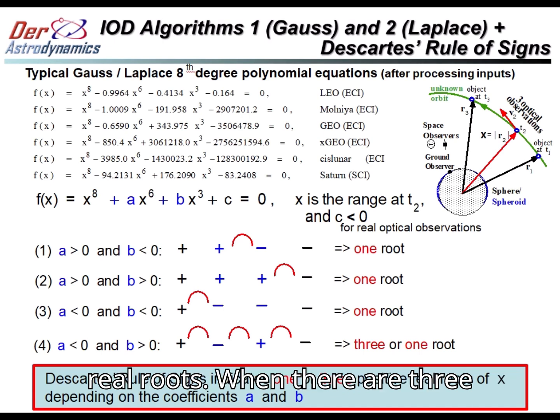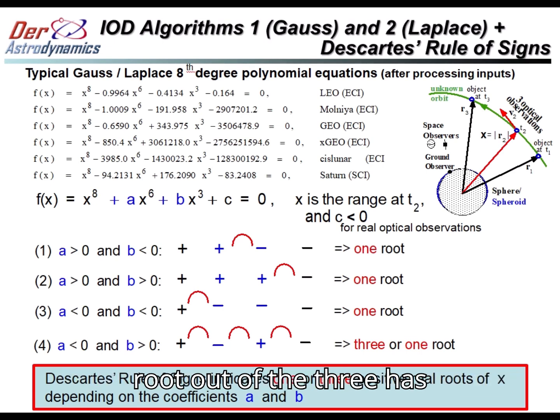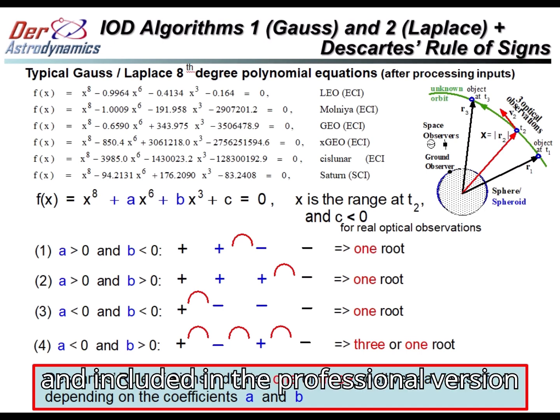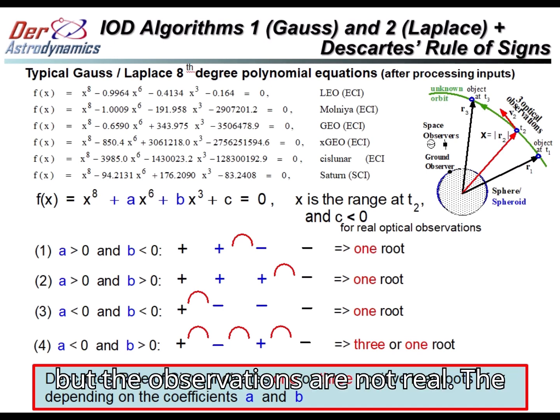When there are 3 positive real roots, picking the correct root out of the 3 has puzzled since Gauss in 1809, but was solved by De Astro and included in the professional version of De Astro algorithms. Note that the coefficient C can be 0 theoretically, but the observations are not real.